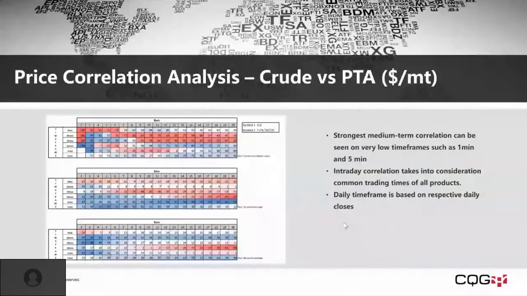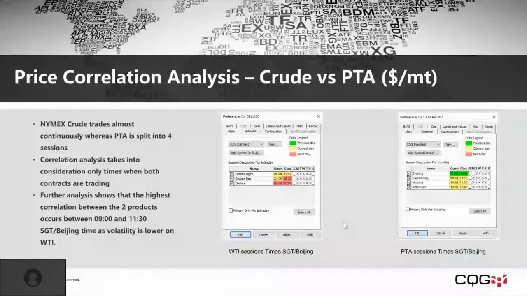Now, why this isn't just as easy as putting this on a chart, there is a huge difference between the two contracts. Obviously, we're looking at two contracts that trade in different currencies, but specifically they trade at different times.